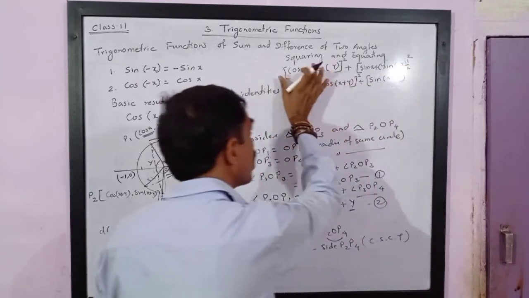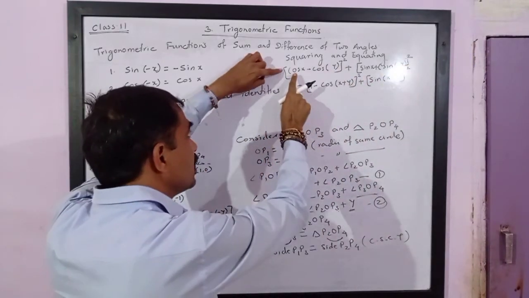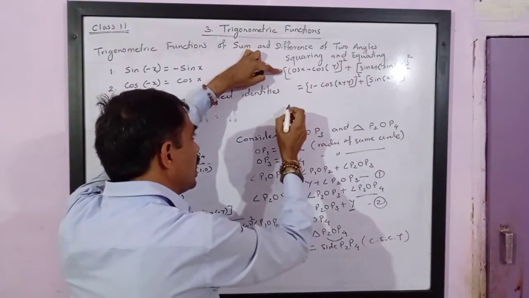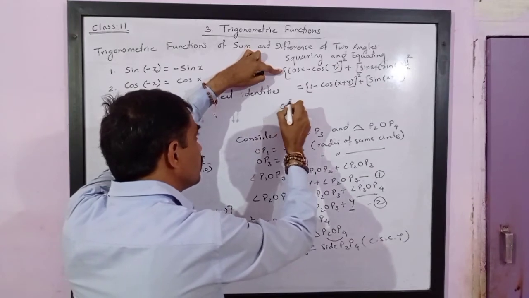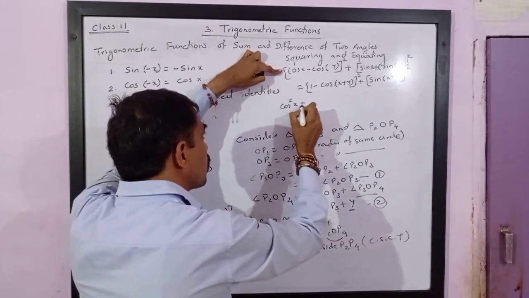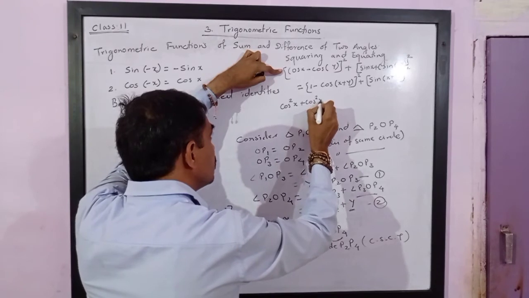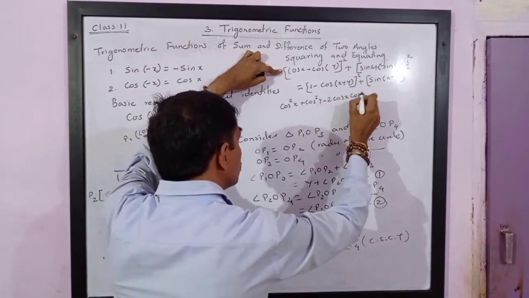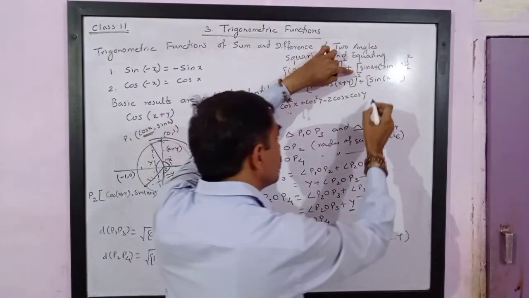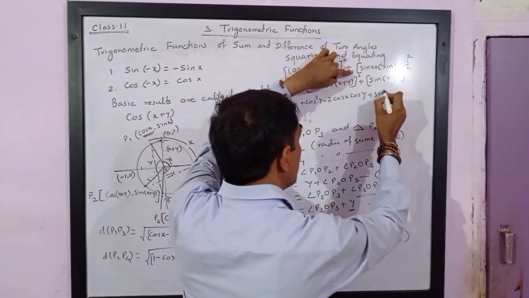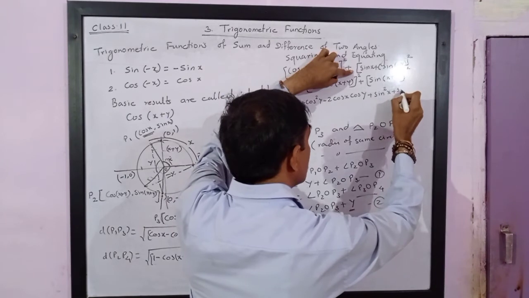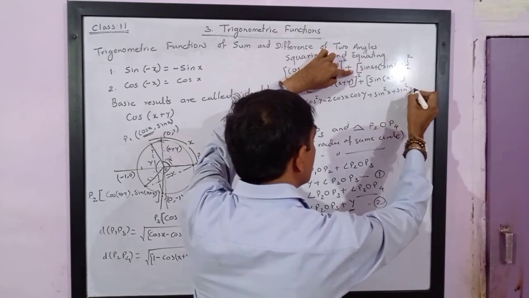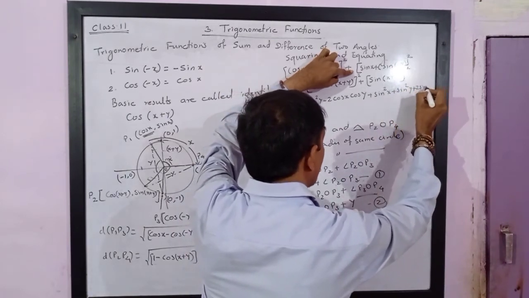Now if you try to solve LHS, this is a minus b bracket square, so I will get cos square x plus cos square y minus 2 cos x cos y, and this will be plus sin square x plus sin square y plus 2 sin x sin y.